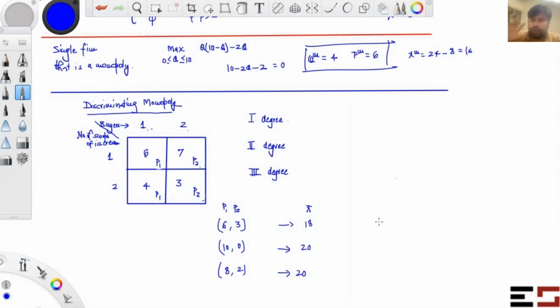So the second consumer will buy just 1 scoop. The first consumer will buy 2 scoops. Is that fine? Have you all understood this? Any questions? Okay, so this is third degree. Have you all understood all these discriminations, monopoly?